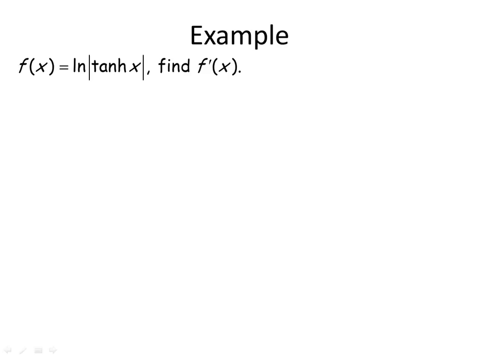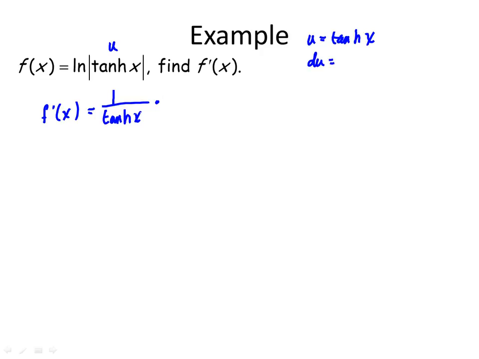Okay? So, if your function is the natural log of the hyperbolic tangent x, then your derivative, your f prime of x, is going to be 1 over u, don't mess with it yet, times the derivative of u. This is u, okay? So if u is equal to hyperbolic tangent x, then what is du? Go to your formulas page.